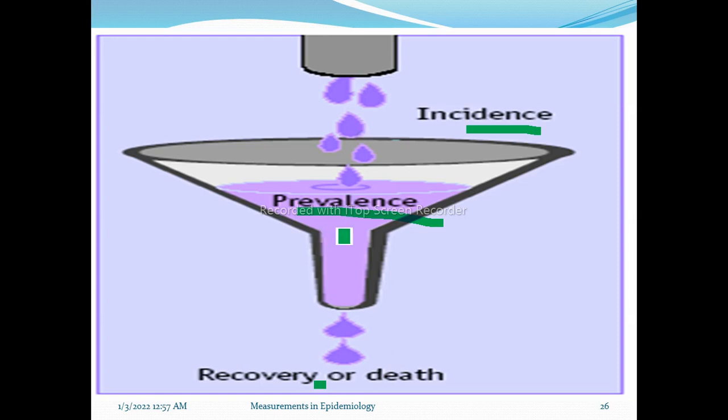So all previously poured contents or products are prevalence, but the newly added products are incidence. But in prevalence, there are some individuals who leave the prevalence population, either recovered from the disease or died from the disease. So from the previous to the current is prevalence, whereas the newly added is incidence. This is the difference between incidence and prevalence.